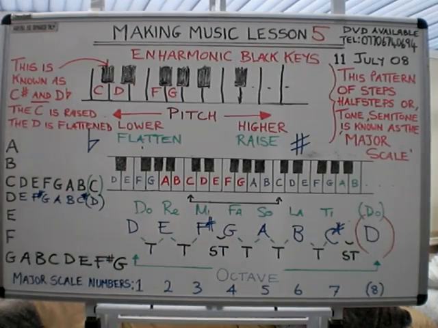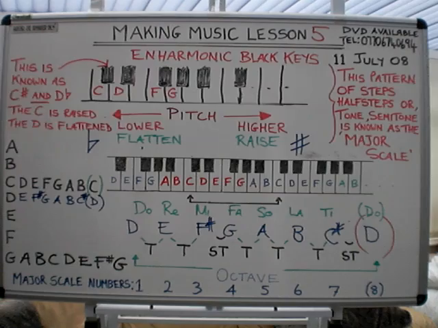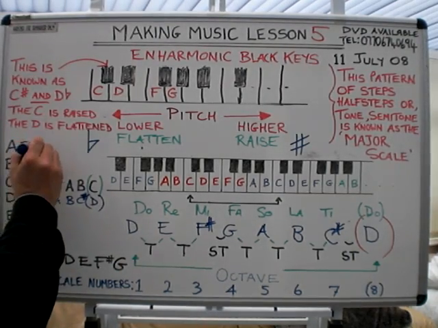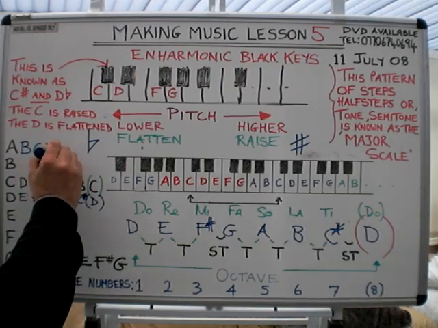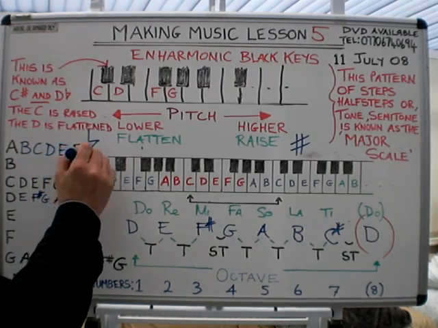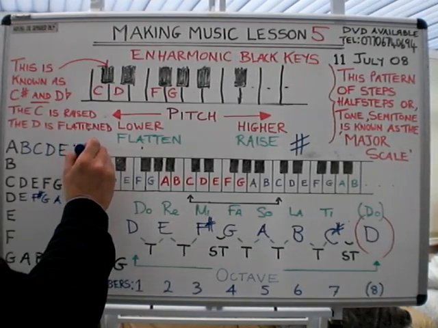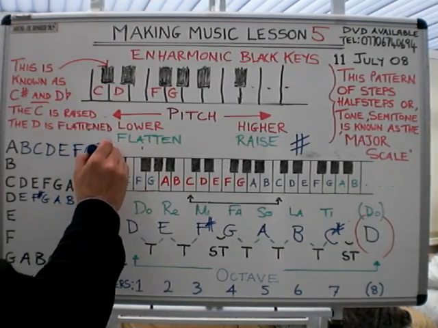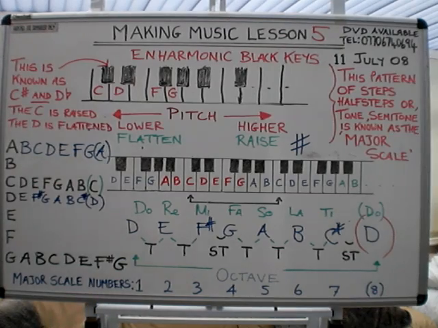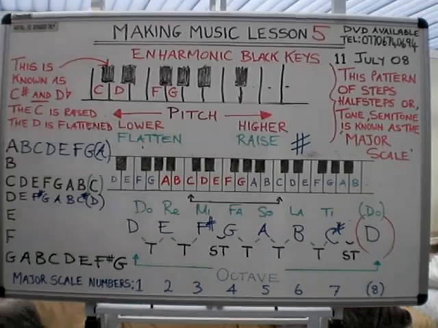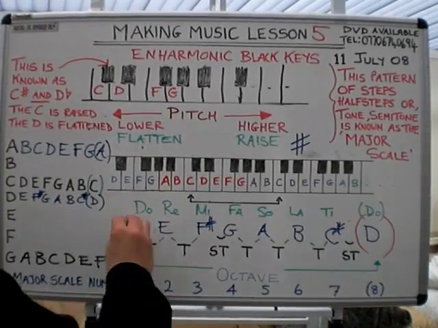Let's have a look at the next one then. We'll start on the A's. I'm going to have to just rub that out for now, just bear with me. Again, we want to work out any sharps and flats. We're going to end up with three incidentally on here.